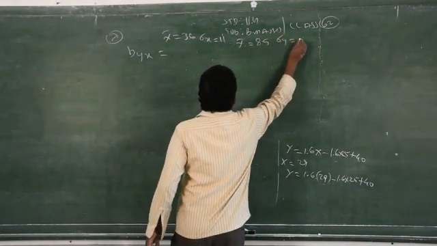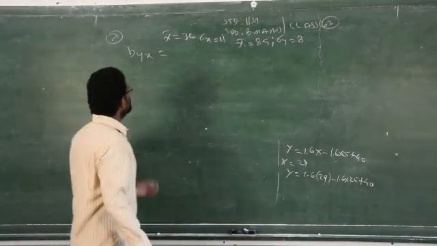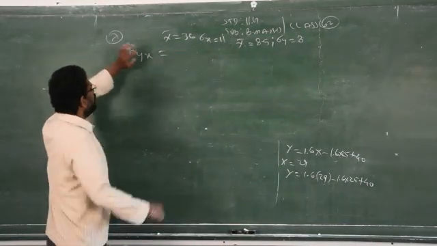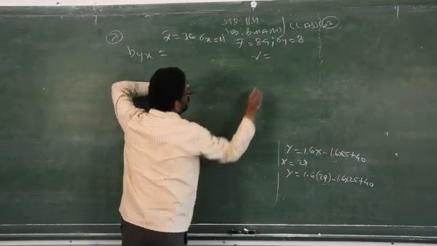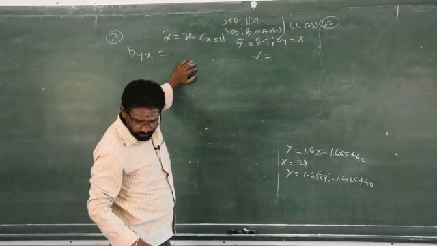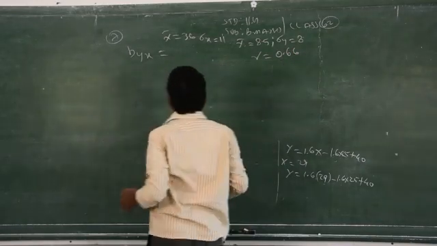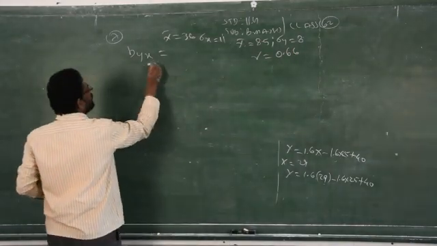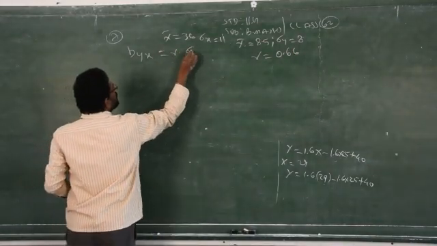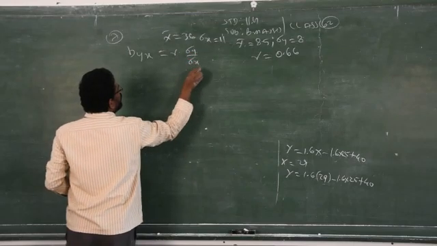Then sigma y is given as 8. Once you know this concept, R, the correlation between the two variables x and y, is also given as 0.66.